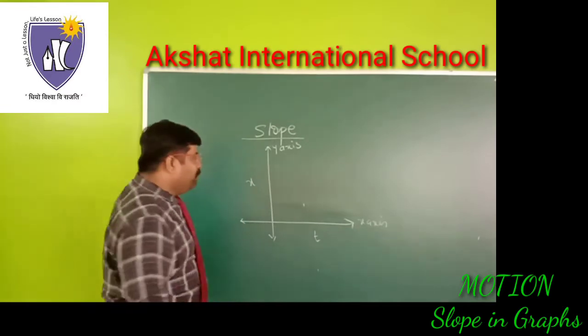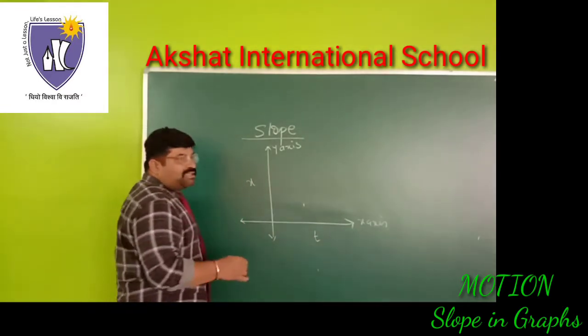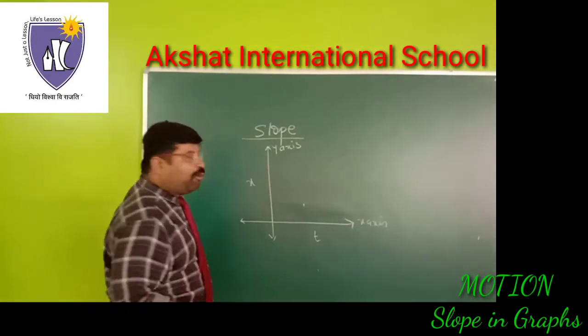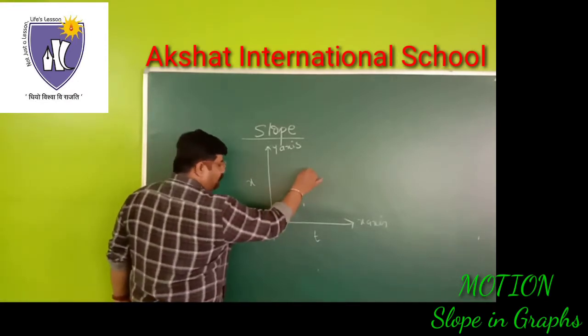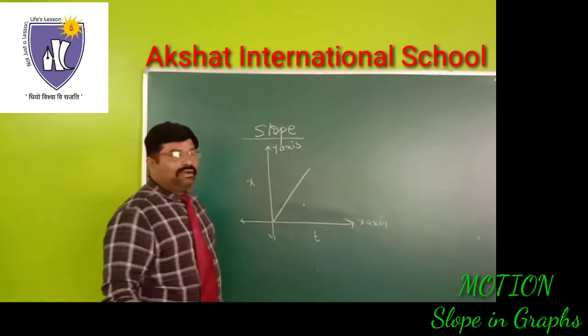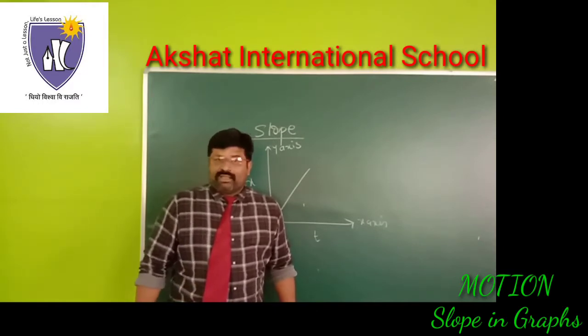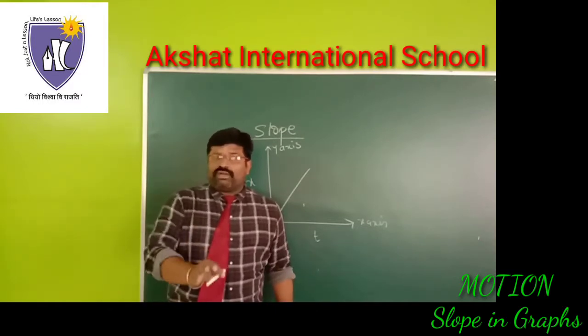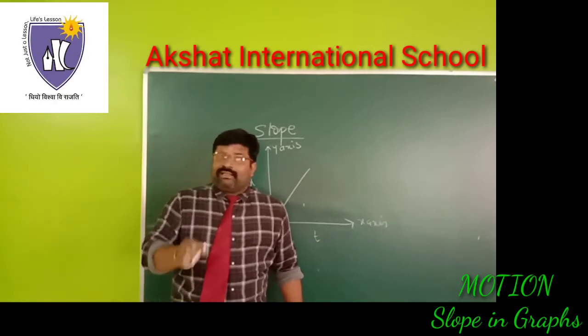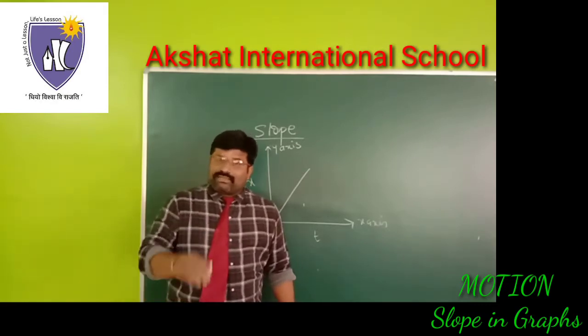Now suppose the object is moving uniformly, then we know very well that we'll get a straight line inclined to the time axis. As I was using this word inclination or inclined, that itself represents the slope.